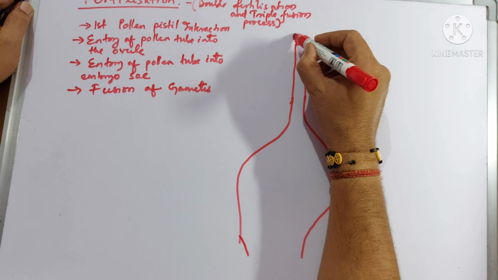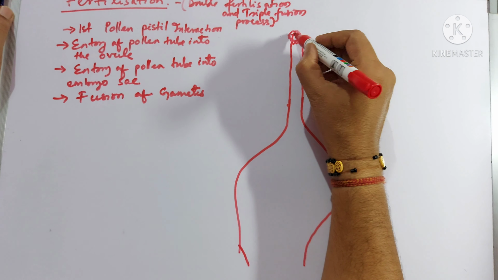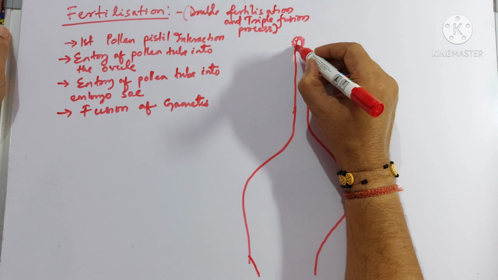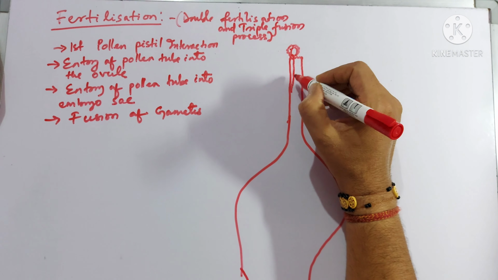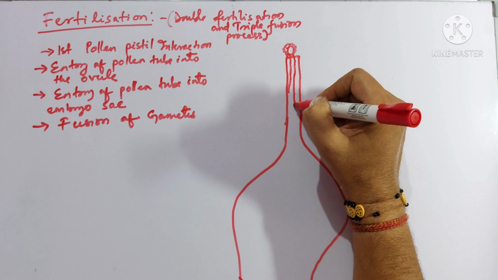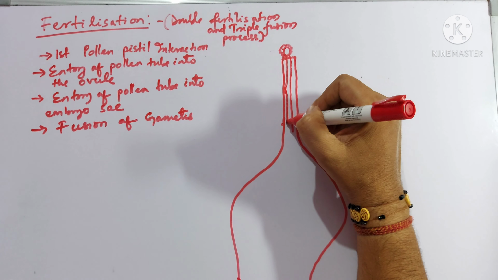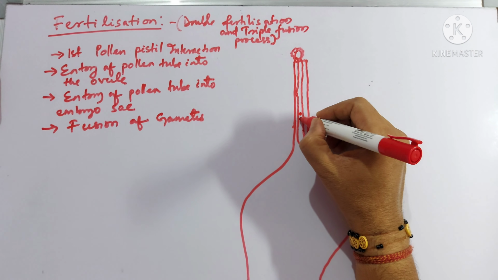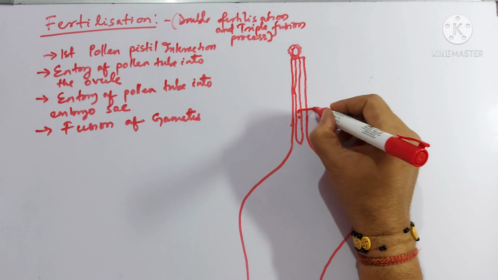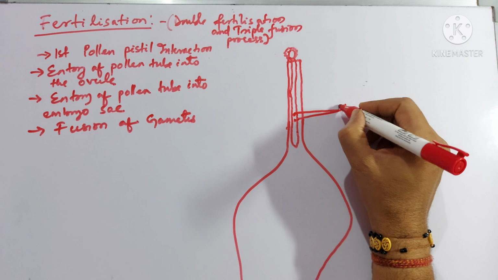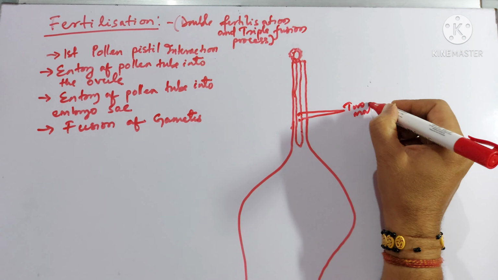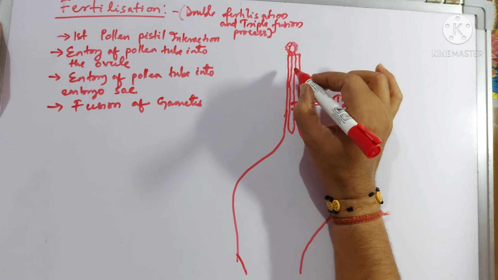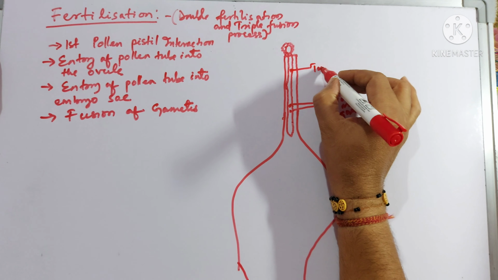The stigma recognizes the pollen and the pollen germinates into the male gametophyte, where the generative cell divides into two male gametes, and the tube nucleus is there.